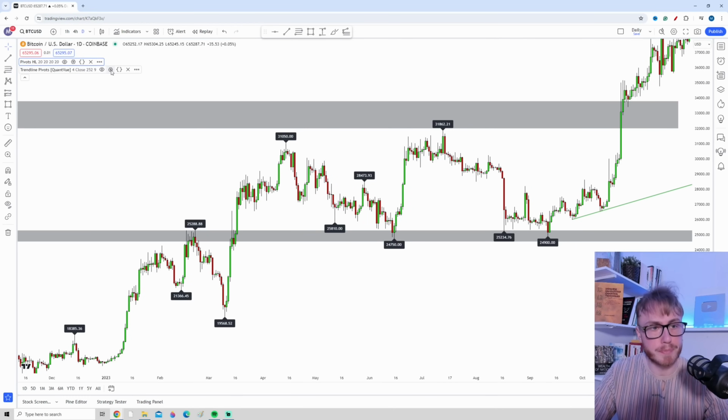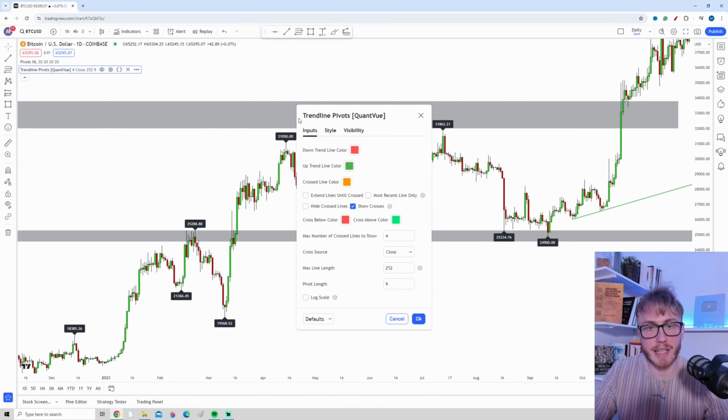So what we now want to do is go up to the settings tab for this new indicator, and here we have multiple different settings that we can use to change up the indicator a bit. However, to not make this video too long, this video is already getting very long here, we're only going to focus on the most important setting for now, and that is the pivot length.